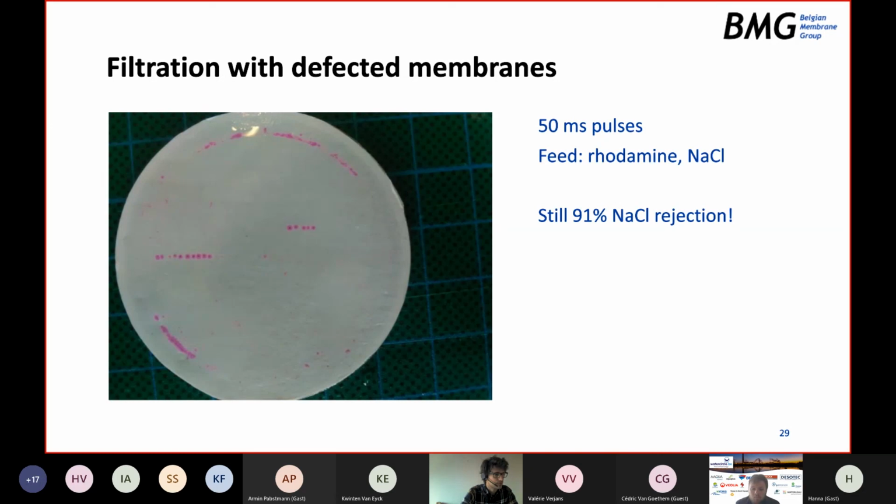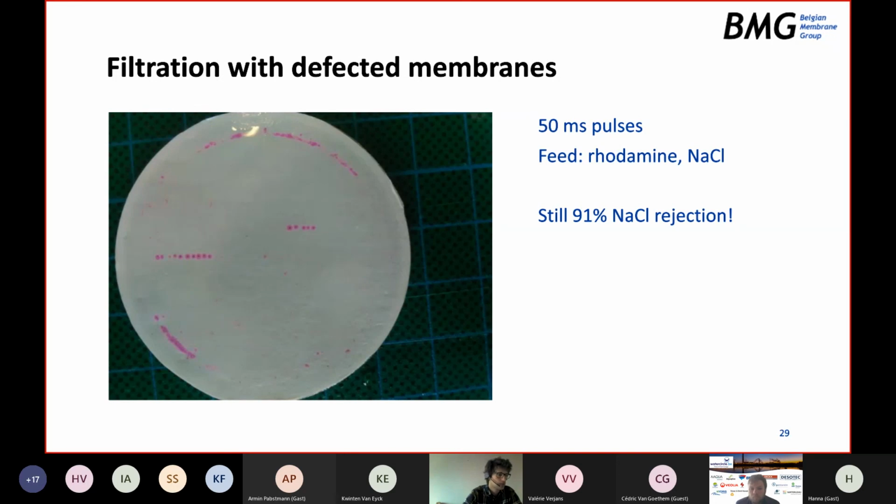The undamaged active layer surrounding the defects is still rejecting salts. The flow rate of water through the defects will of course be higher than it is through the undamaged active layer, but the overall contribution of the flow rate through the defects to the total flux is still quite small.